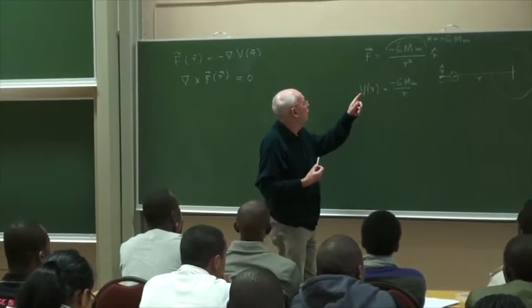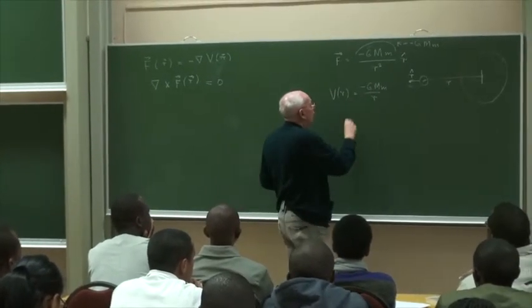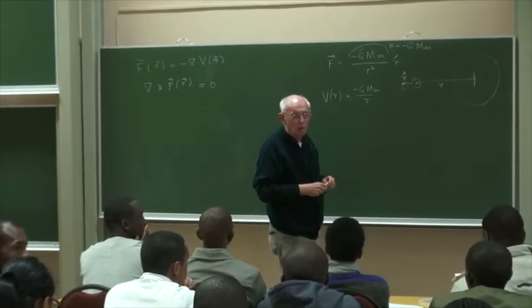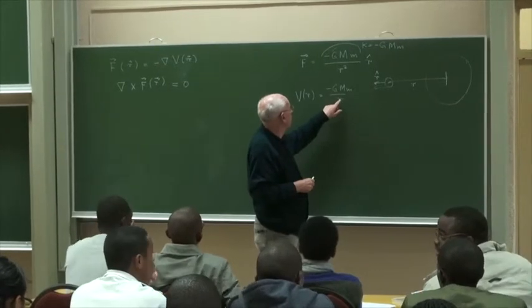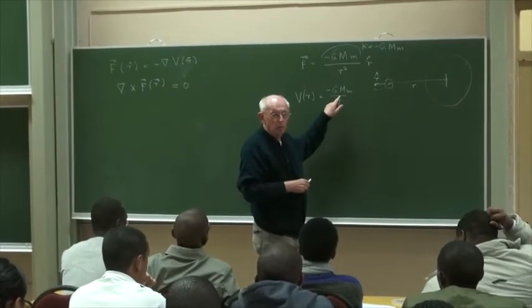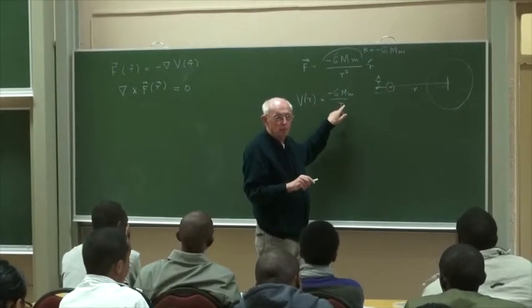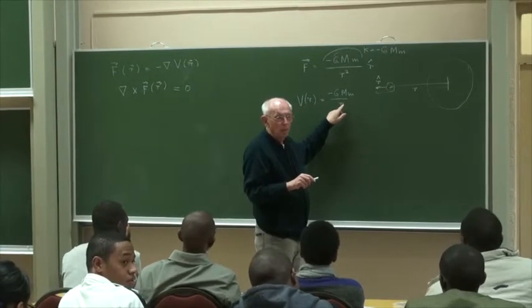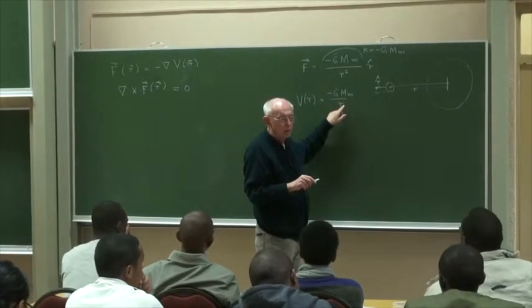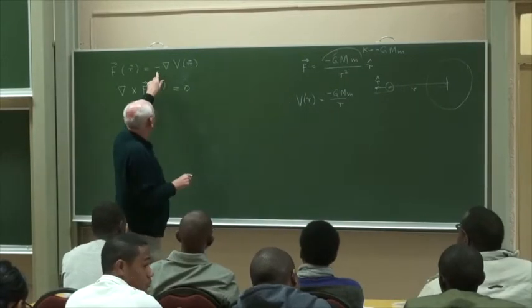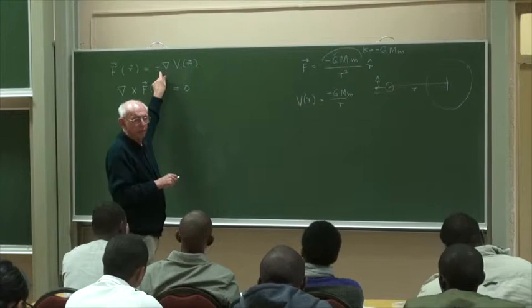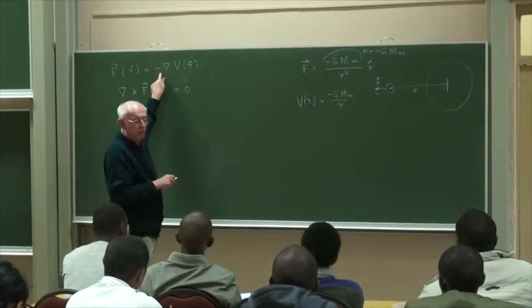Positive. If I differentiate this, I get minus 1 over r squared. And there's a minus there. It's an attractive potential. Yes.